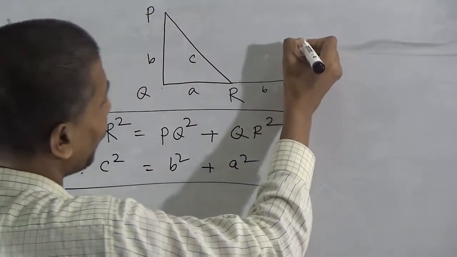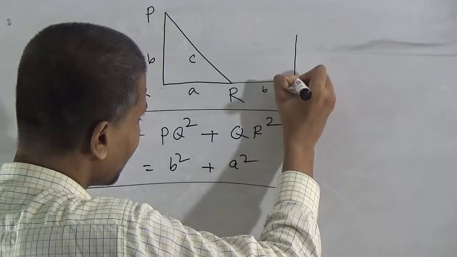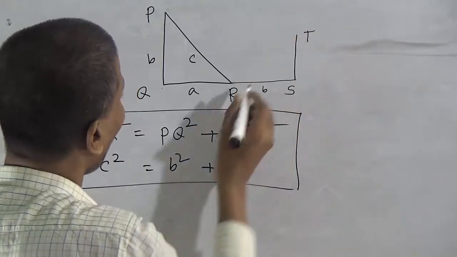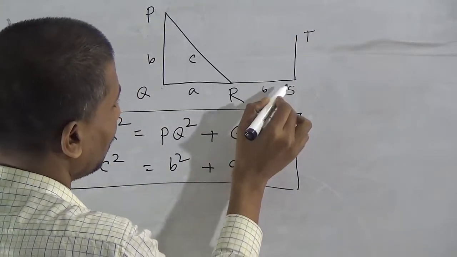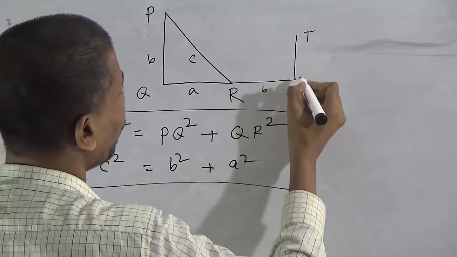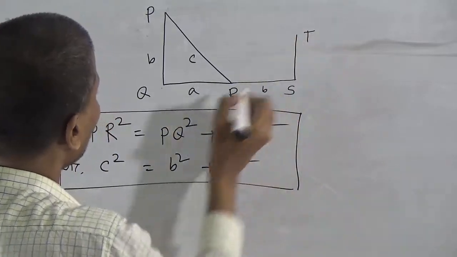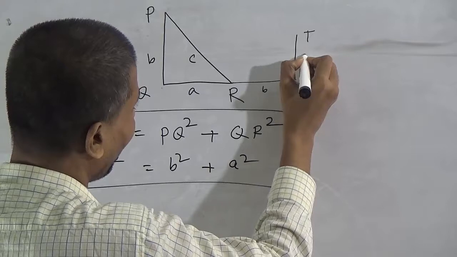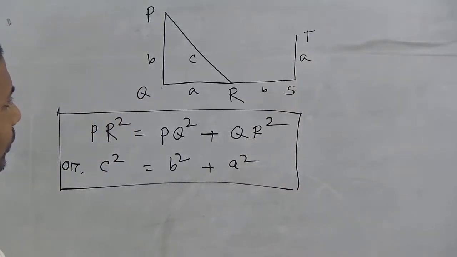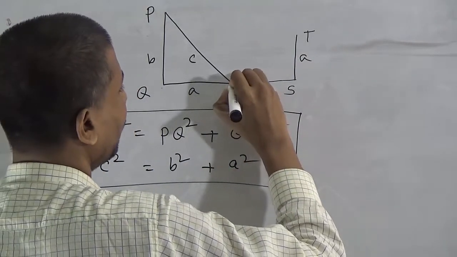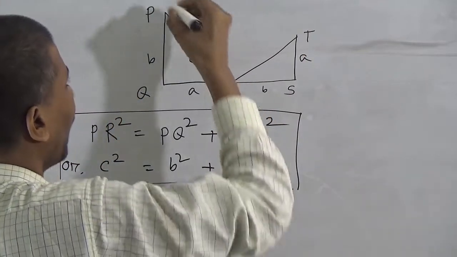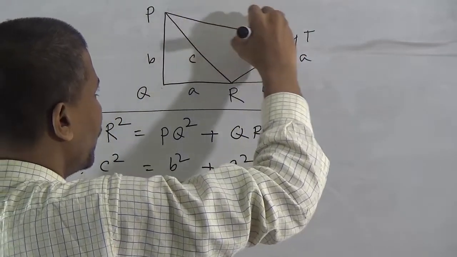Then draw a perpendicular ST on produced QR. Okay, here ST equal to QR equal to A. Okay, now join RT and PT.